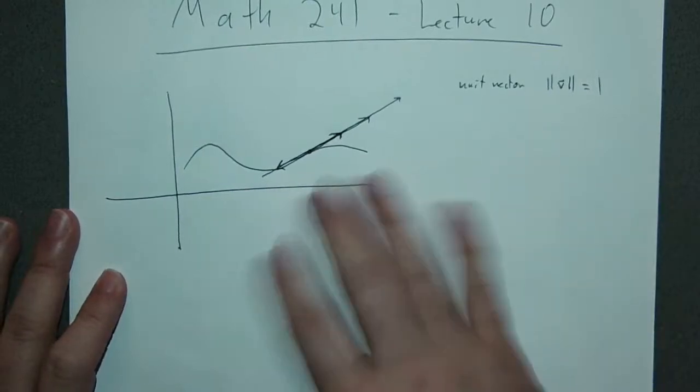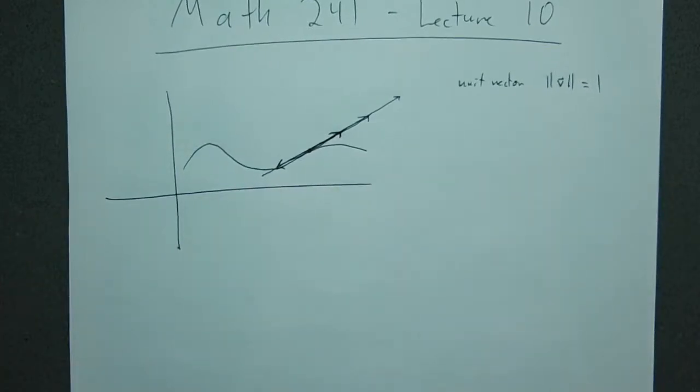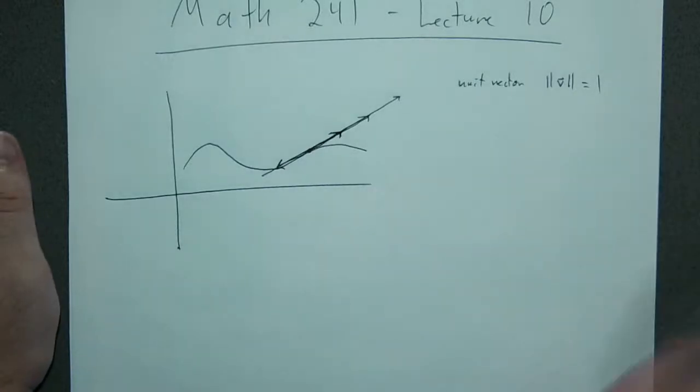Whether you realized it or not, you were actually doing this in Calc 1. You just didn't frame it in terms of vectors. But now it makes more sense to talk about vectors.